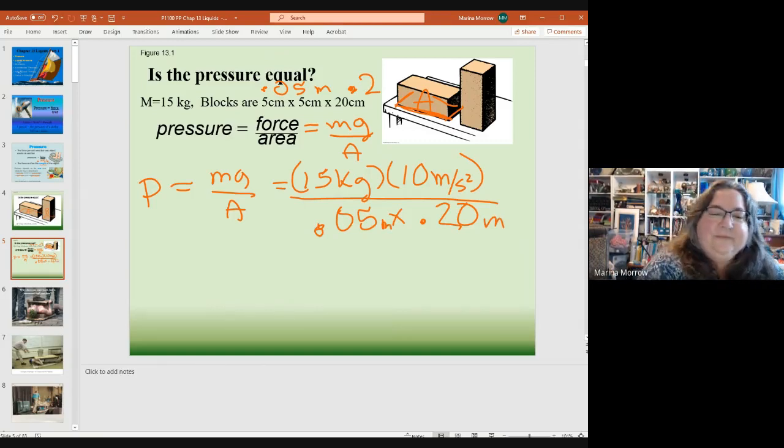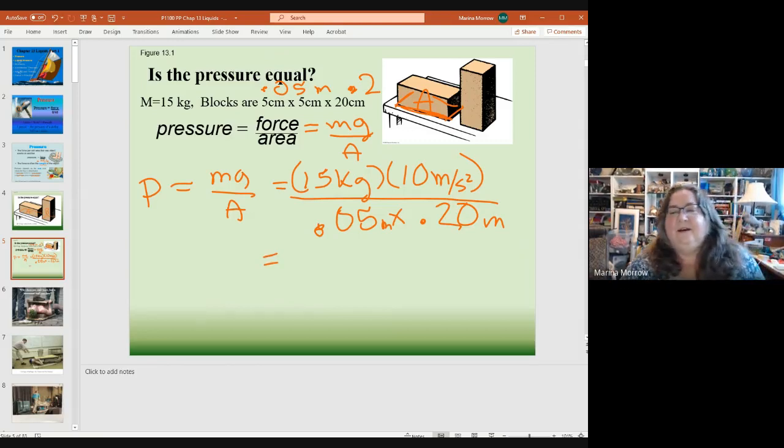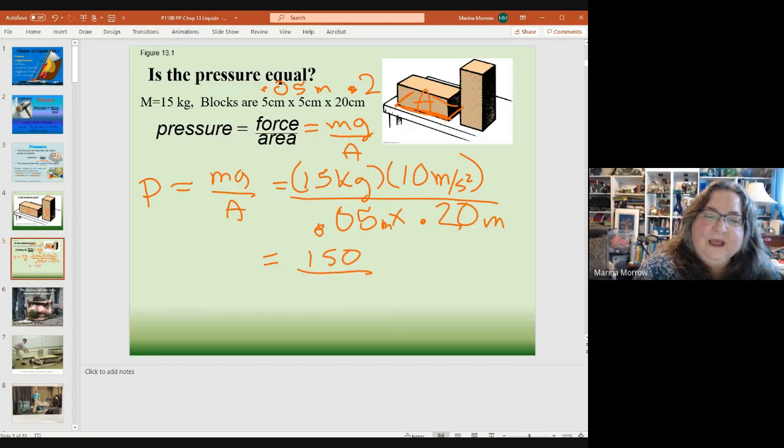Okay, so doing the math, what are we going to get? Well, on top we've got 15 times 10, and that's going to be 150. On the bottom we've got 0.05 times 0.2, and that is 0.01.